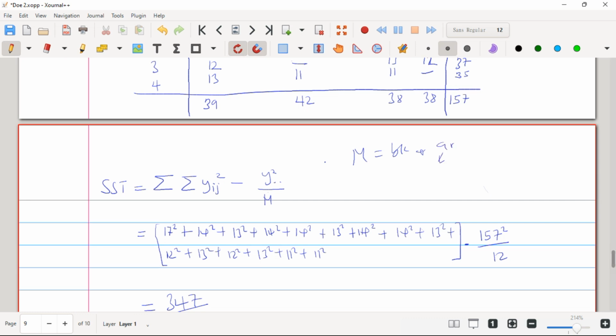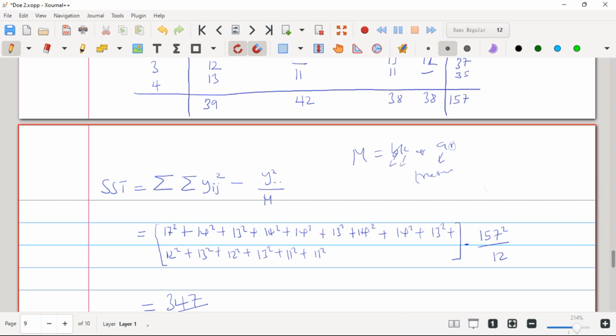We say that our a is the treatment, and our r is the number of times each treatment occurs in a design.